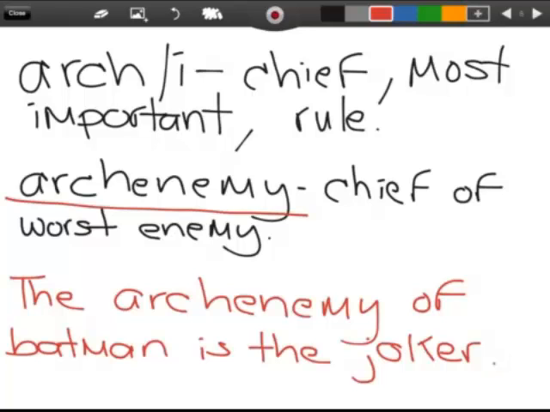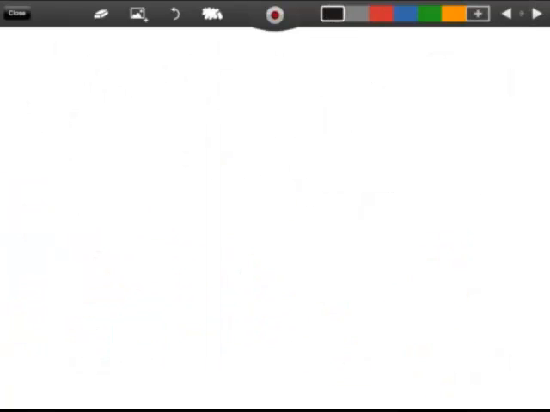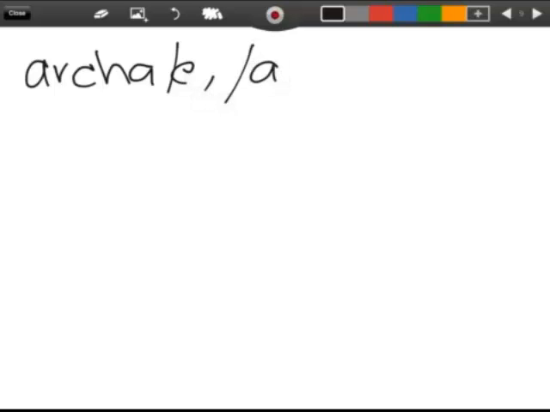Right, let's move on to our next root. We're going to write archae, which means primitive and agent.